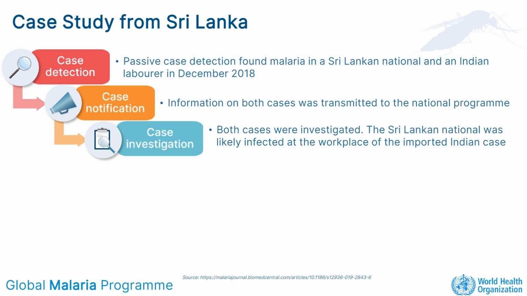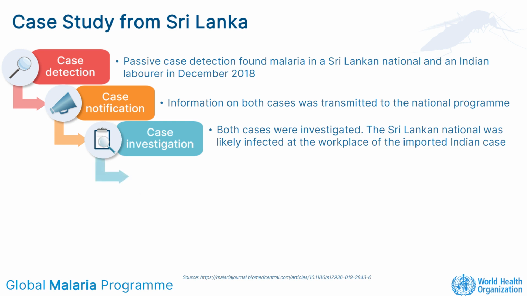The investigation of the Sri Lankan national found that he had spent a day and a night at the end of November at the same construction site where the Indian national worked. The parasites from both cases were genotyped and found to be identical. Although the Indian national was asymptomatic at the time the Sri Lankan national slept at the construction site, the program determined that the Sri Lankan case was introduced, being the first generation from the imported case.